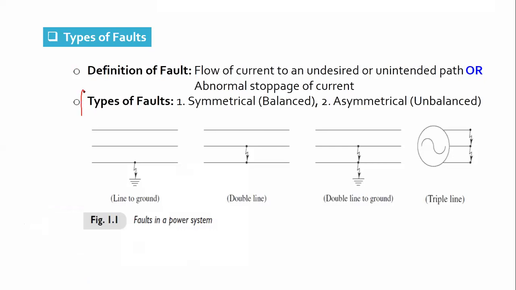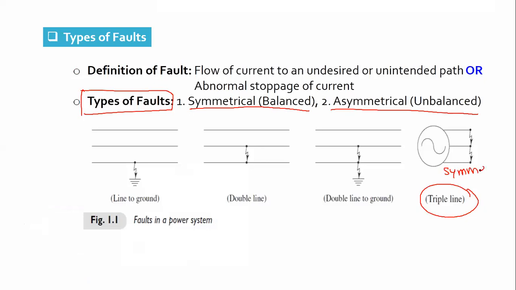So there are two types of fault that we consider for the analysis. One is called the symmetrical fault, another is called the unsymmetrical or asymmetrical fault. So a triple line fault is considered a symmetrical fault. Yesterday I said that I will discuss it when it comes to our discussion.